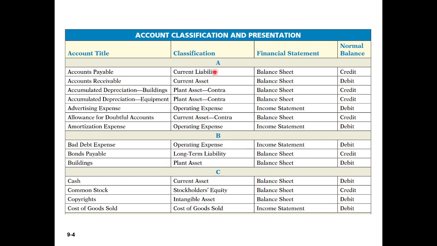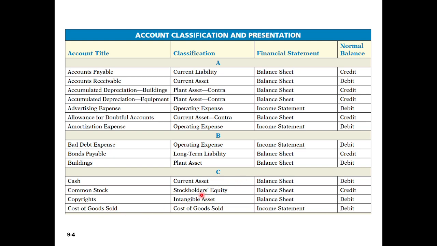Now B, set up alphabetically: bad debt expense, bond payable and building, classified as operating expense, long-term liability and plant asset. We show them in the income statement, balance sheet and balance sheet, with debit, credit and debit normal balances. Now C: cash, common stock, copyrights and cost of goods sold.